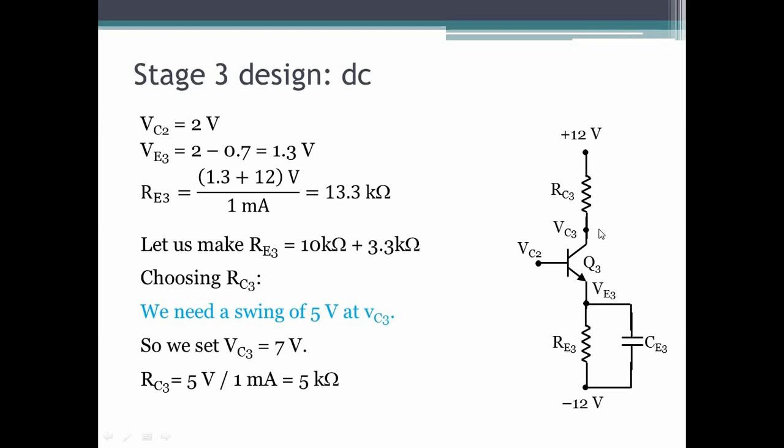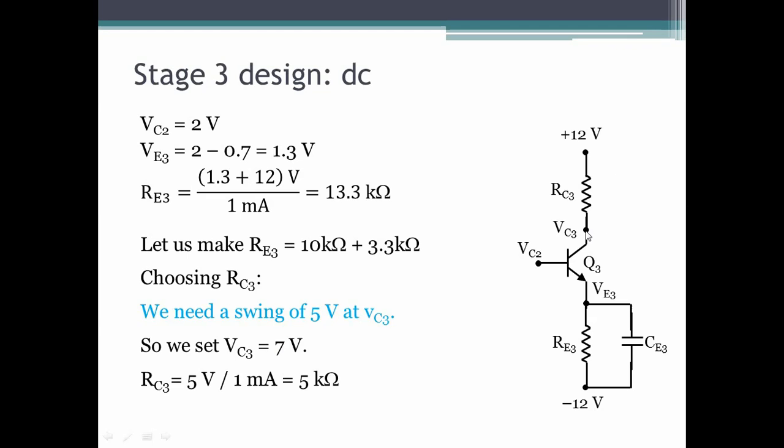So at least plus 0.5 we need. So 6.3. Alright, so at the VC3, the DC value has to be at least 6.3. We'll make it 7 just for the nice round number. So we design VC3, the DC voltage, to be 7, so that we get a voltage swing of plus minus 5 volts.